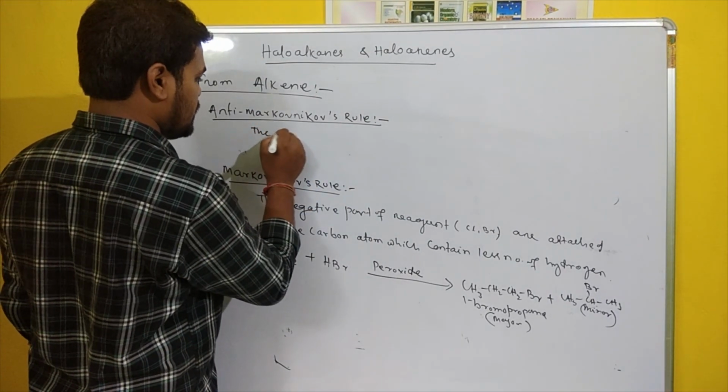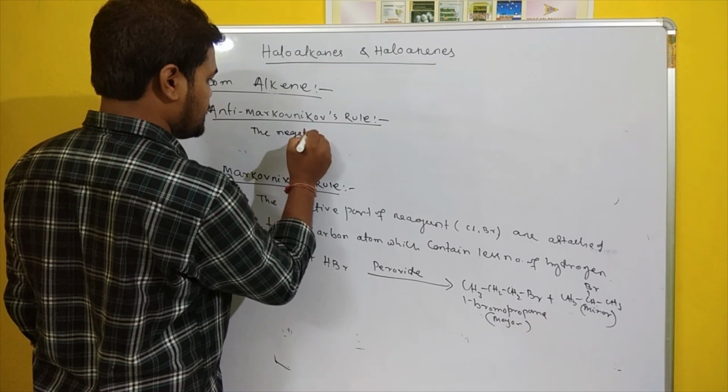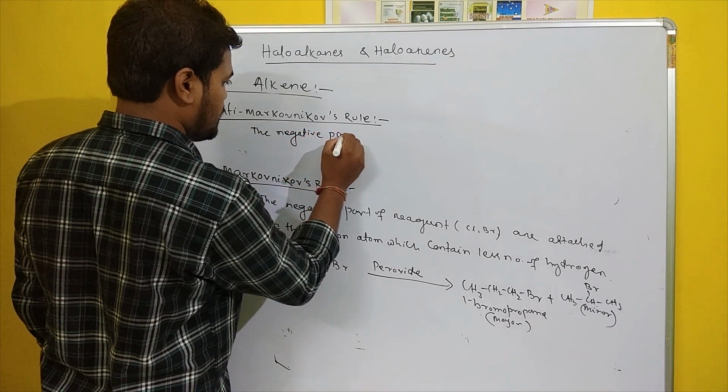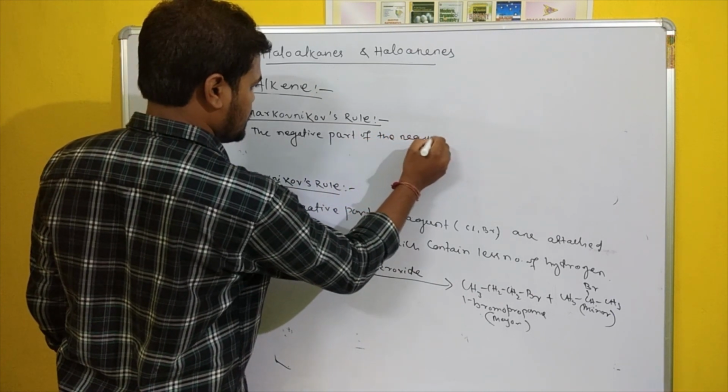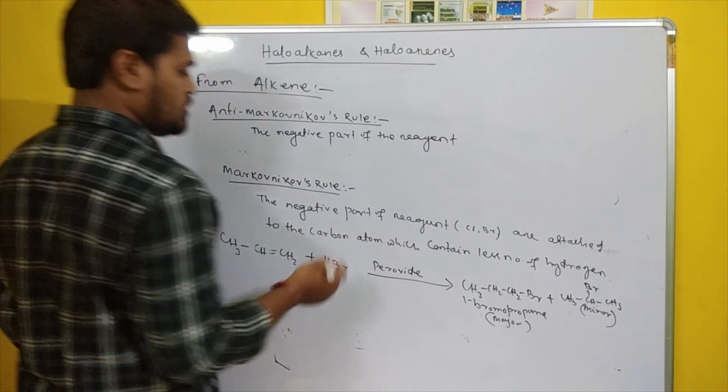The negative part of the reagent, what is the negative part of the reagent?